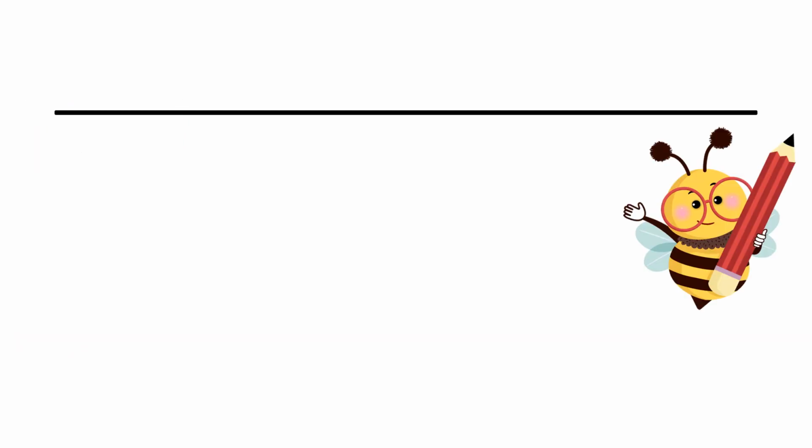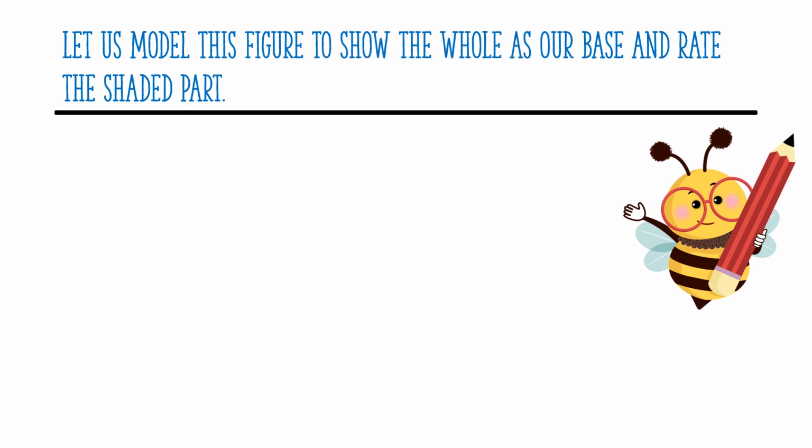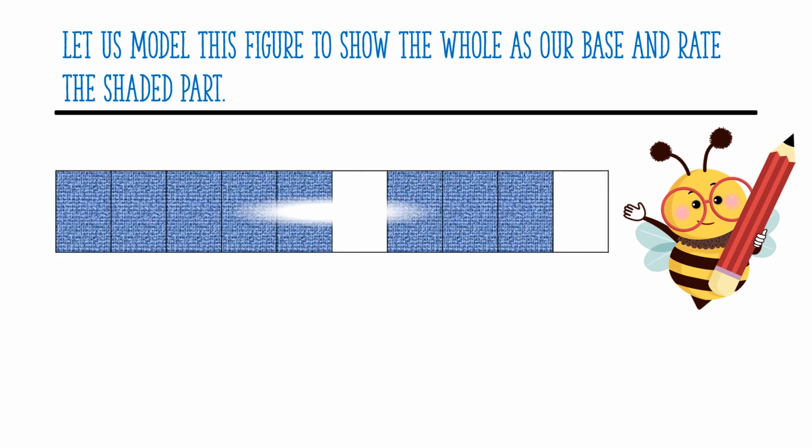Alright, on this page, let us model this figure to show the whole as our base and the shaded part as our rate. Look, we have 10 units or 10 pieces of tiles.